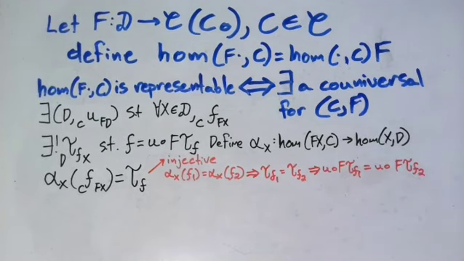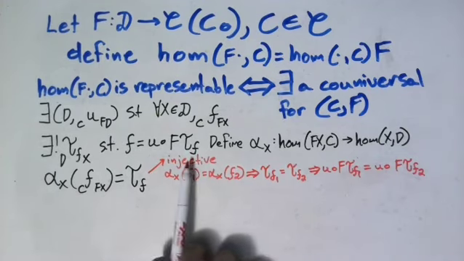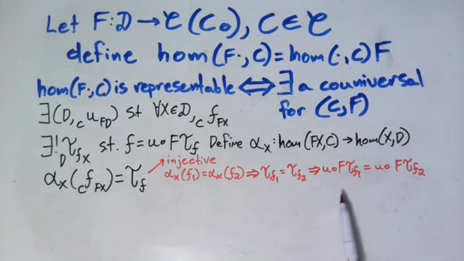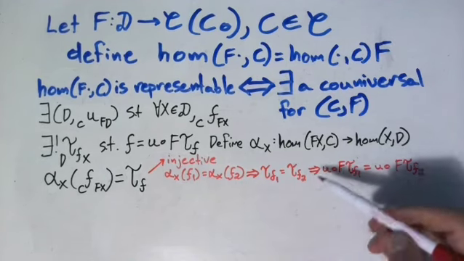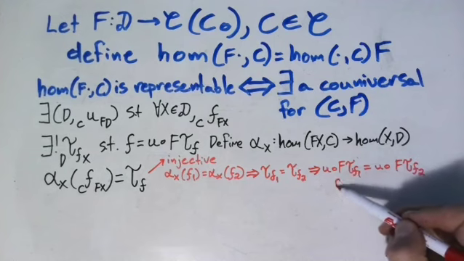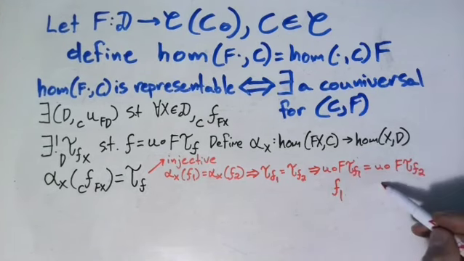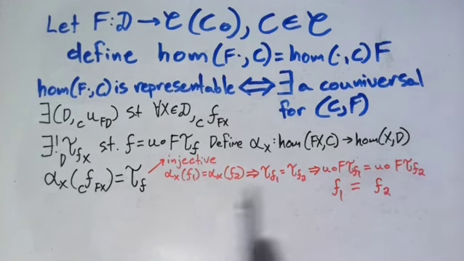And by the couniversal property, we have this equation here. So we have that u after F tau f1 is equal to u after F tau f2, and this side is equal to f1, and this side is equal to f2, so we get that f1 is equal to f2. So this mapping is in fact injective.